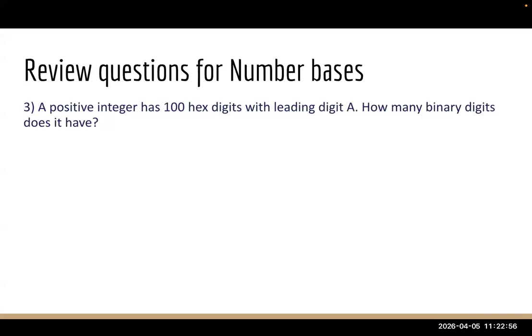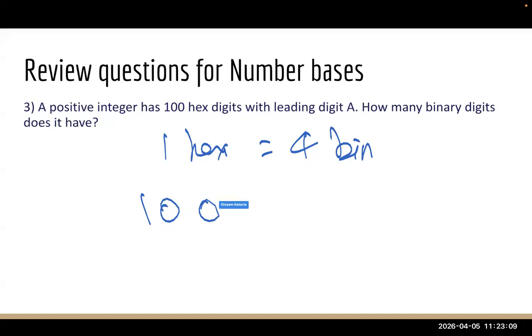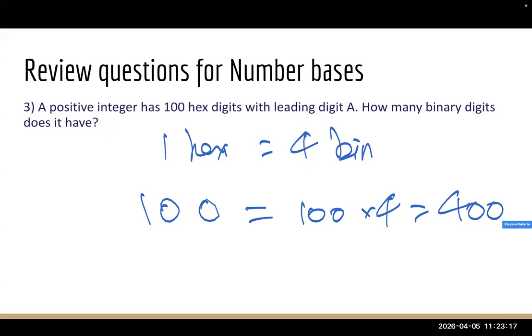So we can say that one hex digit is basically four binary digits. So how many is 100 hex digits with leading digit A? It will be 100 multiplied by 4, which is 400 binary digits in total.